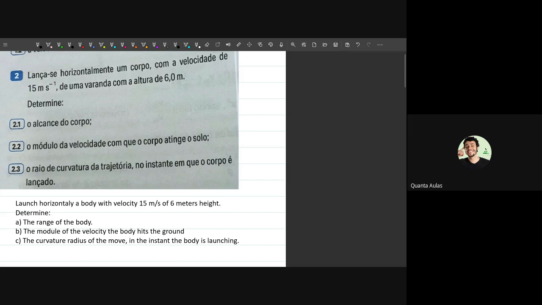I will send you the question you did, so you can use this as an example to do this here. Okay? So I want you to try this first. If you have some problem or doubt, just tell me, okay? But first, draw the graph and try the first one. It's the same thing as the last question.